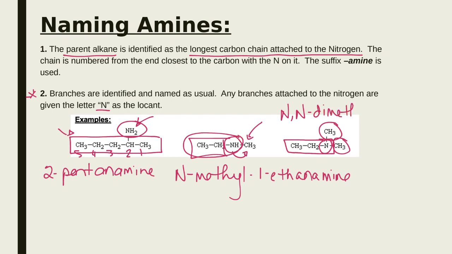So I have N,N-dimethyl, and then we're left with ethanamine. It is a little bit different, where we're just stating the branches on the nitrogen. You could have branches on the parent chain as well, and if so, you would give them a position number. But any branches attached to the remaining nitrogen spots, we use the letter N.